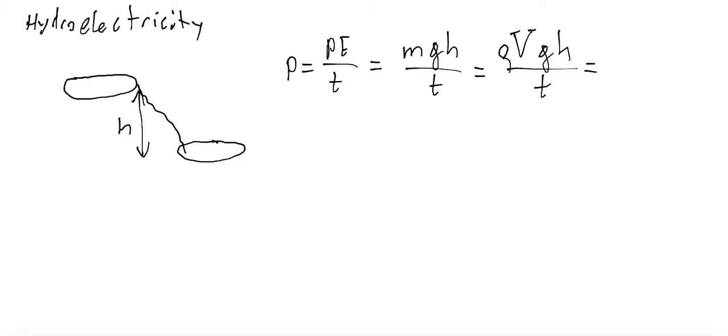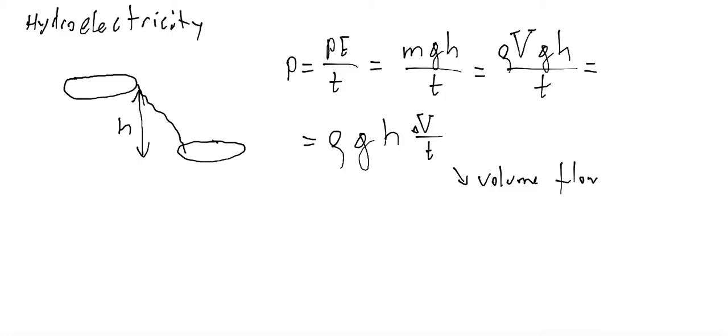So finally we have an expression like density of water multiplied by gravitational acceleration times the height from which water falls times something like delta V over T, which means the volume flow rate of water. If bigger flow rate of water, then the bigger the power of the system. If less volume flow rate of water, then less power of the system.